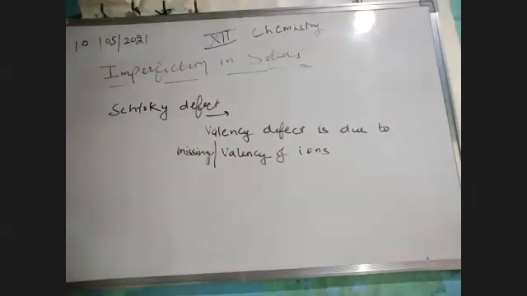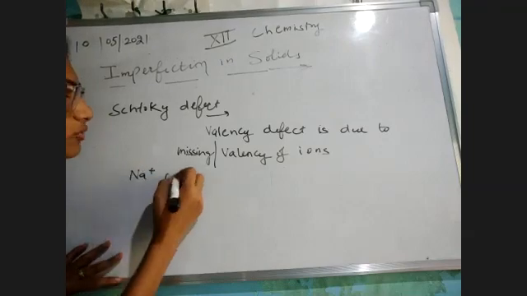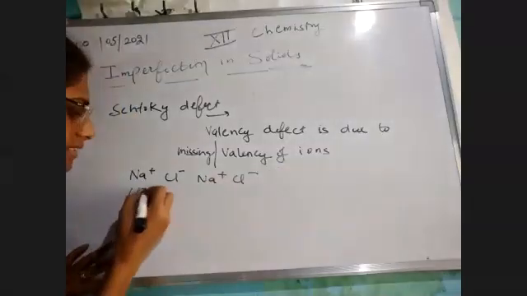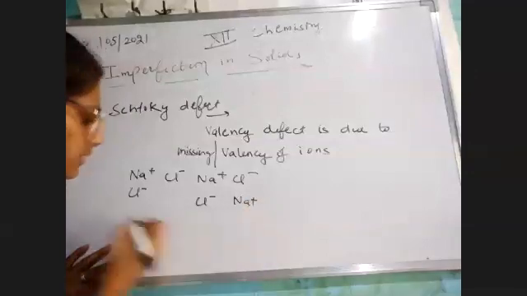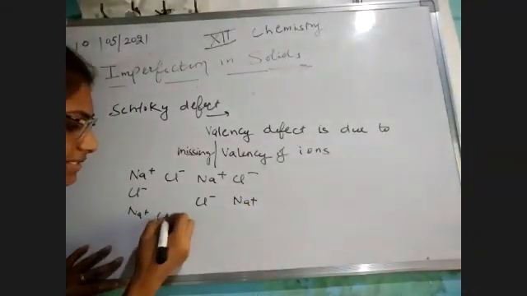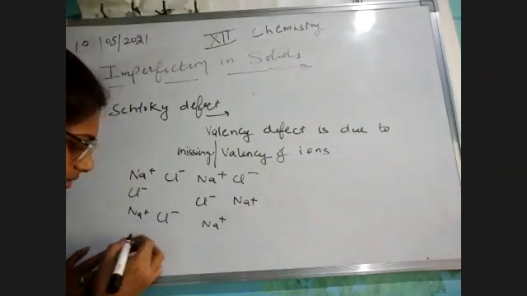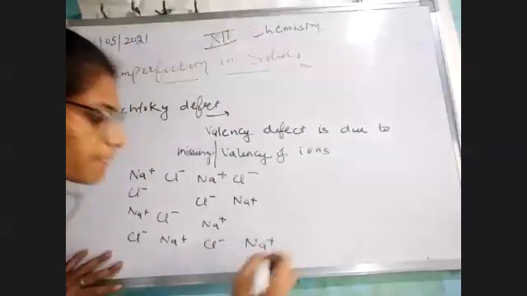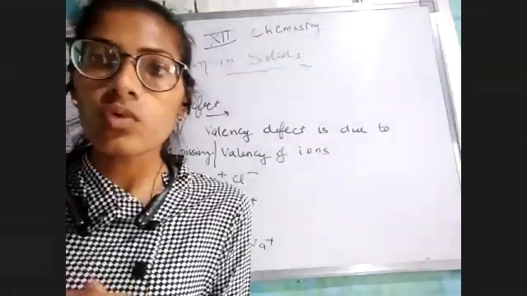So basically in the Schottky defect, what happens is, we have Na positive, Cl negative, Na positive, Cl negative, and so on in a lattice. I am saying that this defect arises due to ions.